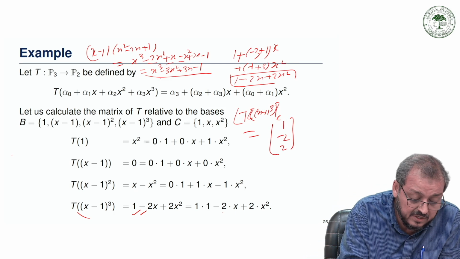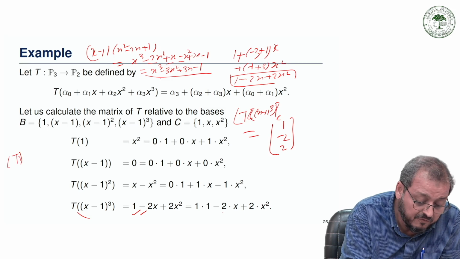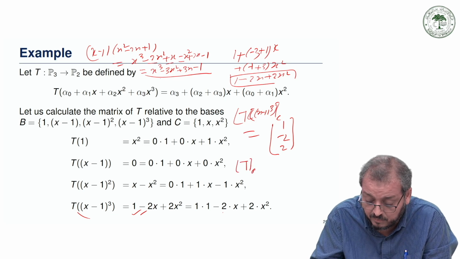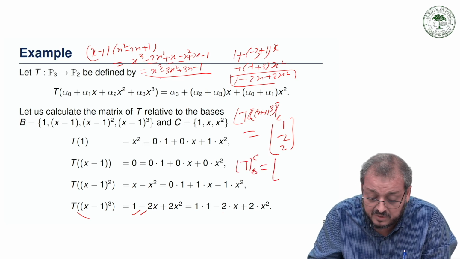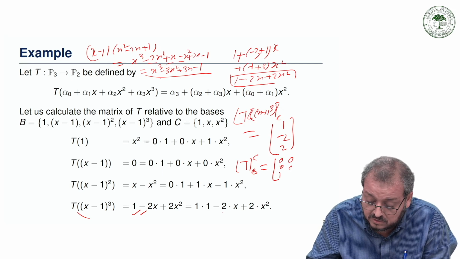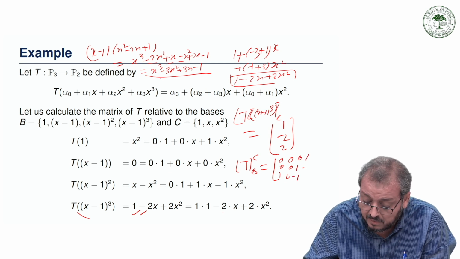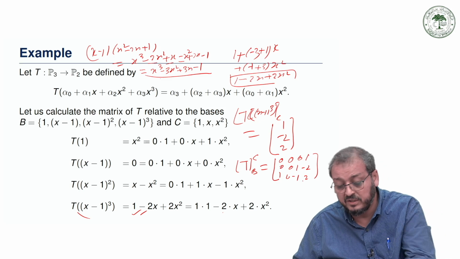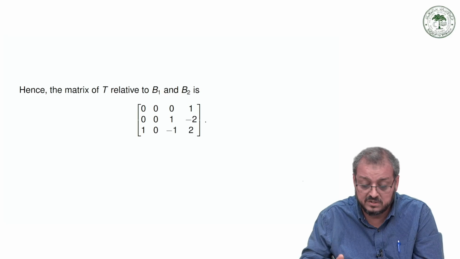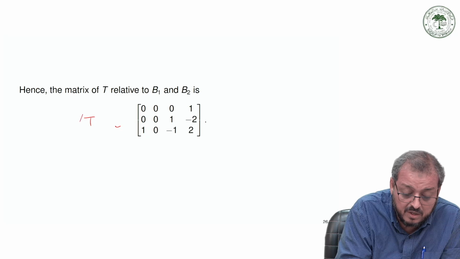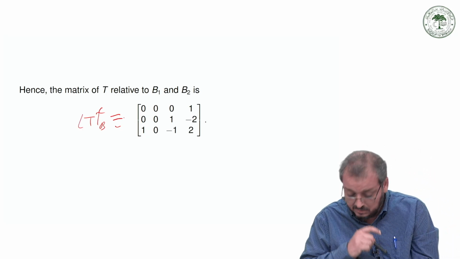So the complete matrix T with respect to the bases B and C can be written in this form. The matrix is nothing but 0 0 1, then 0 0 0, then 0 1 −1, now you have 1 −2 and 2. So this is the correct value, we have to calculate it. This way, it is equal to this form, nothing but [T]_B^C equals this form.